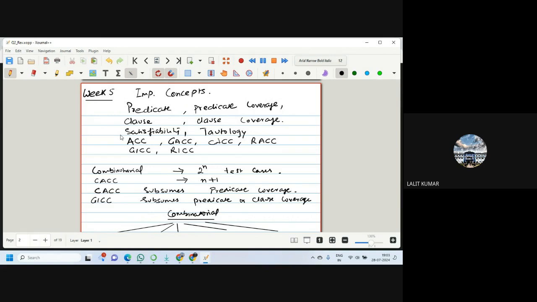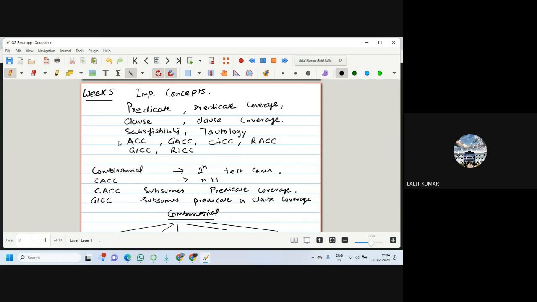To cover all the clauses, all the combinations, and all the predicates, the first is combinatorial coverage. If a predicate has n clauses, then to have the clause coverage and the predicate coverage, we require at least 2 to the power n test cases.